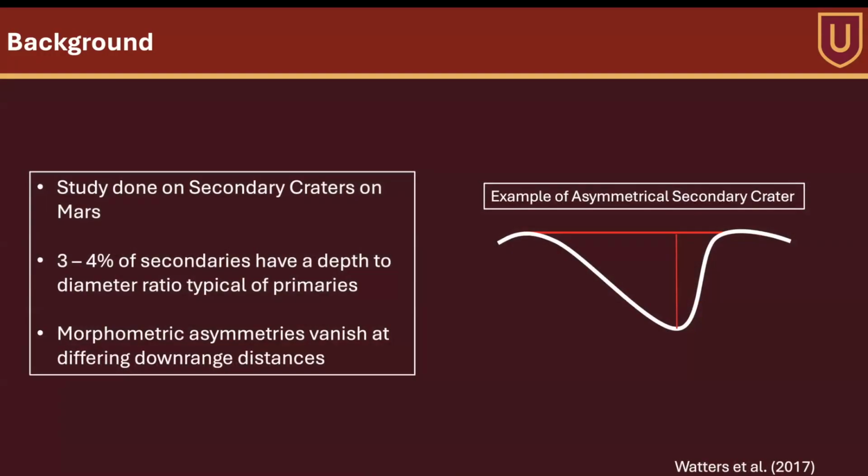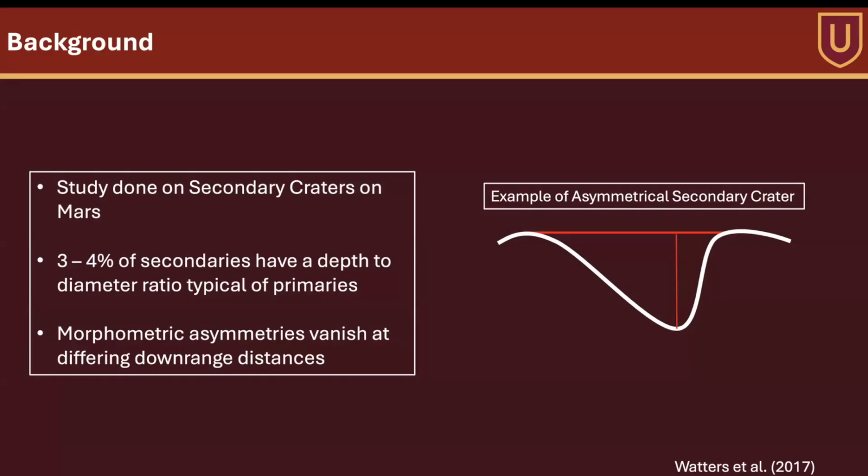The other paper that we are referencing is Watters from 2017. They did a study on secondary craters on Mars, and we're taking some of the conclusions to use in what we're looking at. They found that 3 to 4% of secondaries have similar depth to diameter ratios as primaries, and they also noticed that morphometric asymmetries of secondary craters vanish at downrange distances.